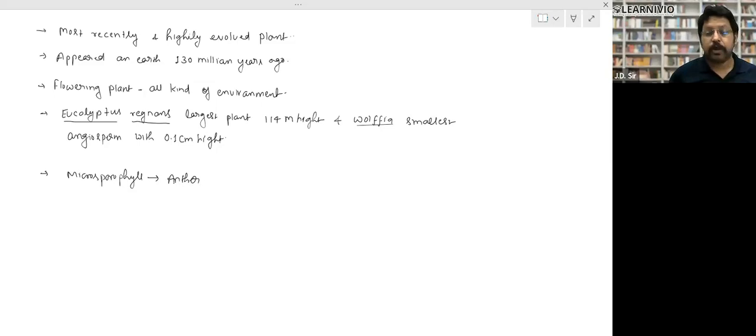So the microsporophyll which were there in pteridophyte and gymnosperm, now they have become anther. There is a modification, evolution. Microsporophyll evolved as anther, and megasporophyll evolved as carpel.